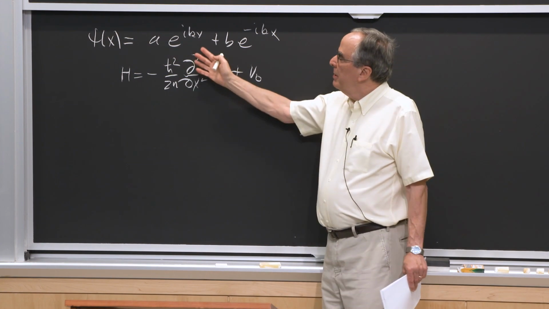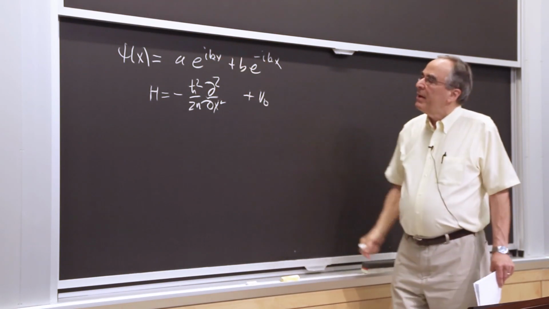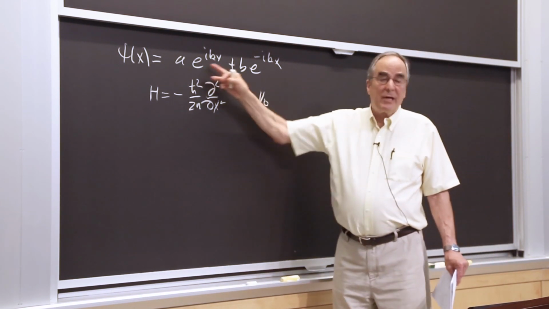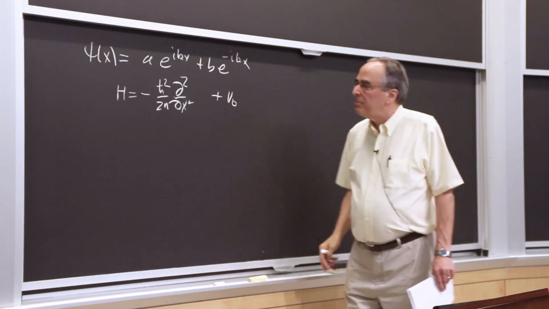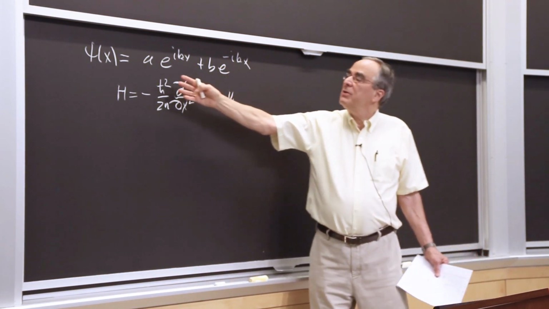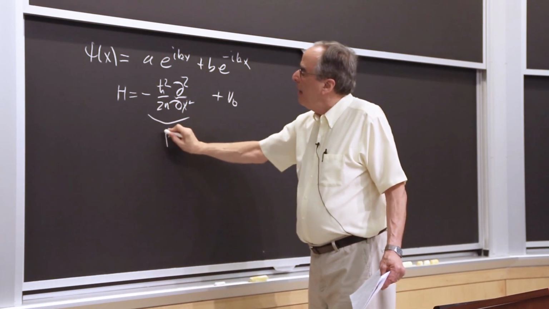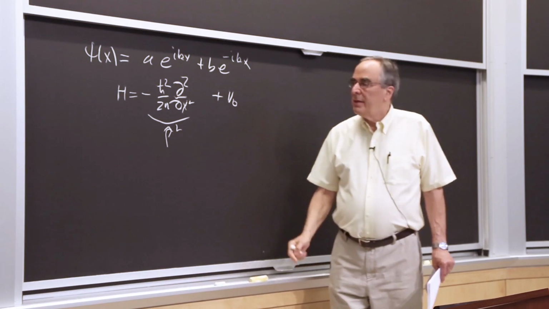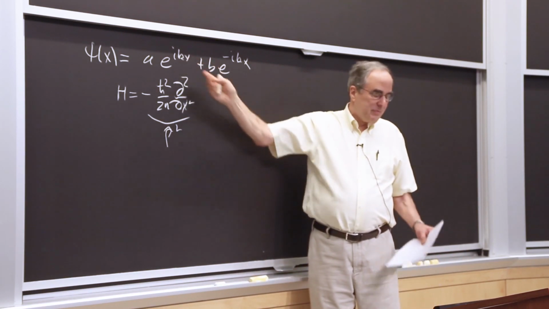There's no V0 here. And we have two different exponentials. Is this really going to be an eigenfunction of the Hamiltonian? This is really p squared, so this is going to be an eigenfunction of p squared too.